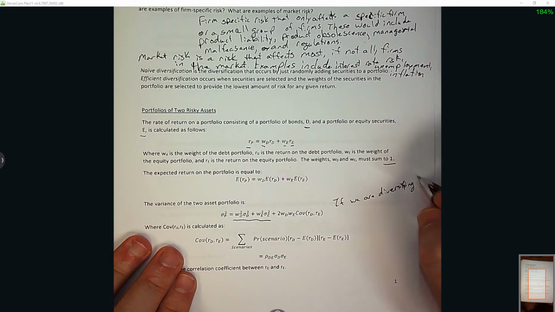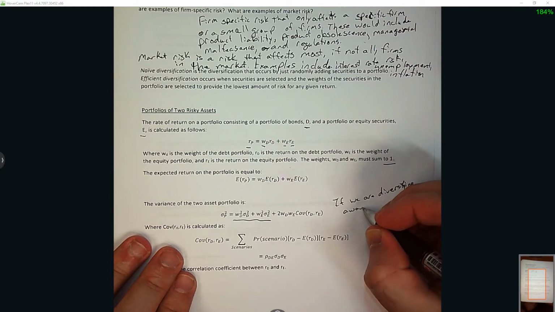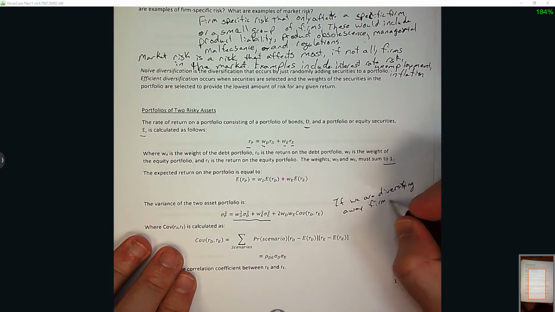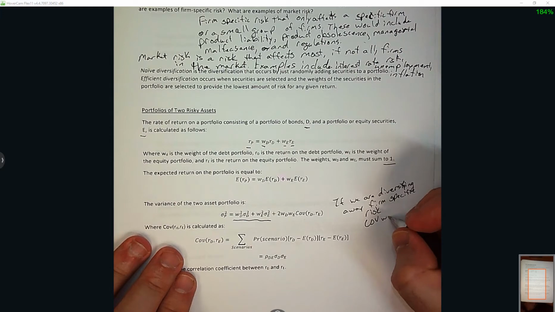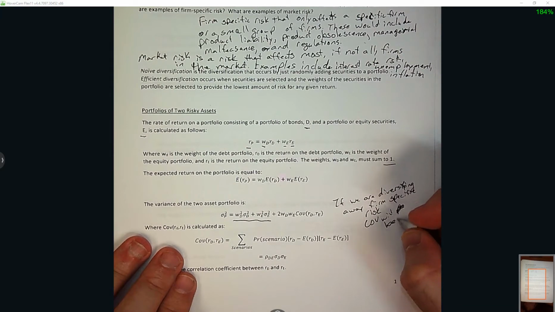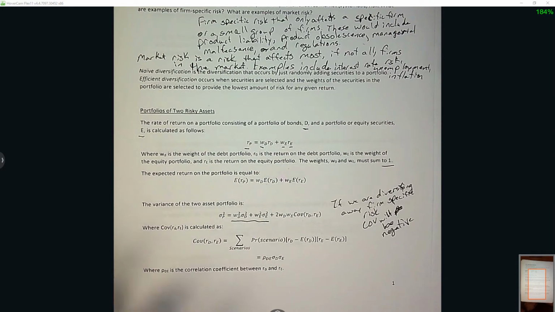Sorry, I spelled that wrong. Diversifying, that's the word. Diversifying away firm-specific risk, the covariance will be negative. And that's important to remember.